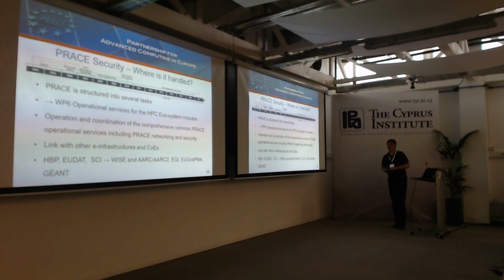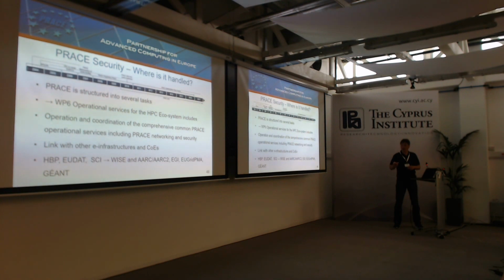The operation is done in work package 6, services for the HPC ecosystem, which includes operation and coordination of the comprehensive common PRACE operation service, including PRACE networking and security. And we will have links with other infrastructures and COEs in this work package.